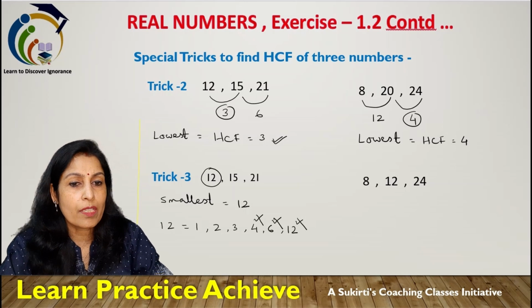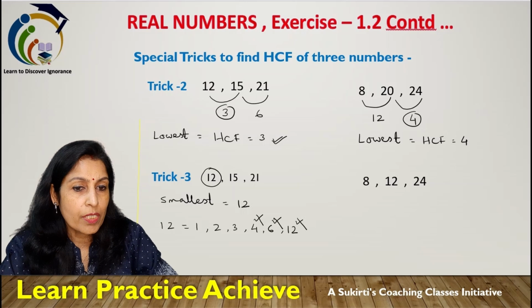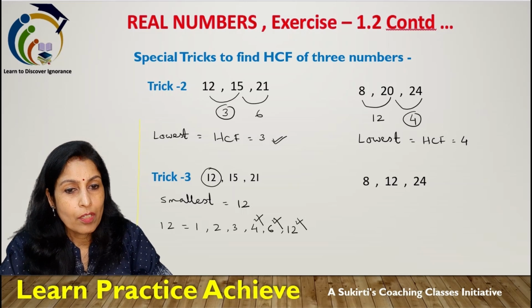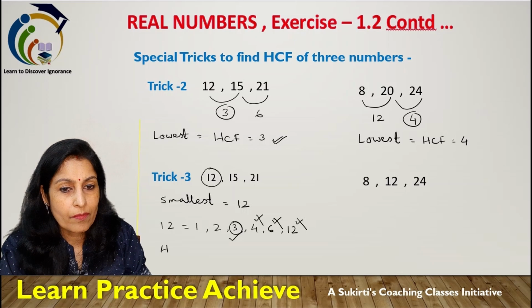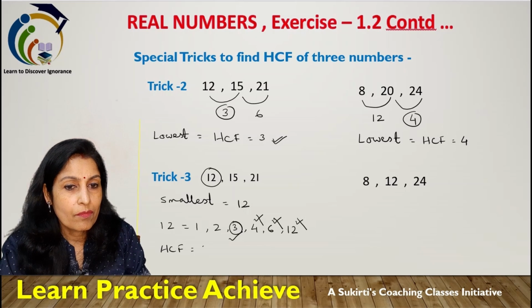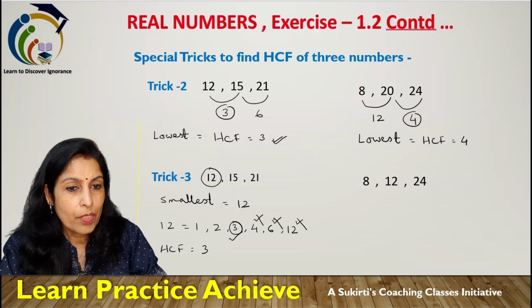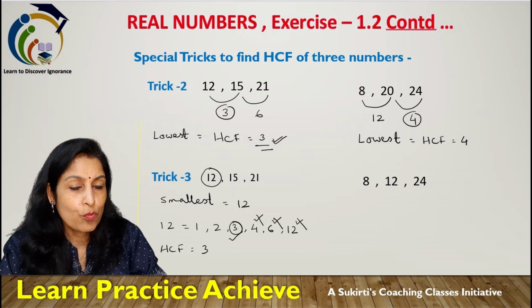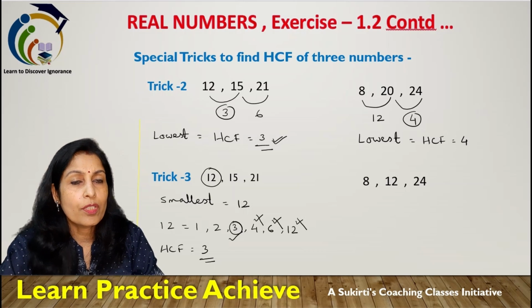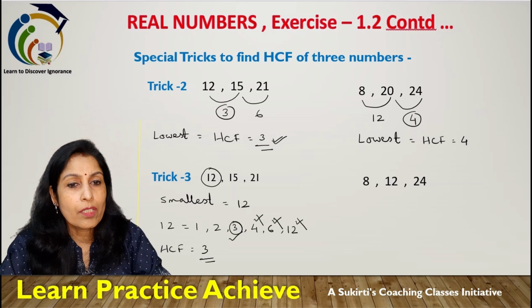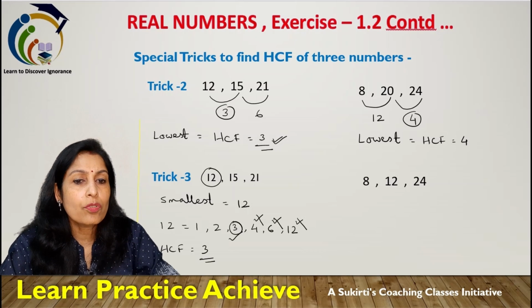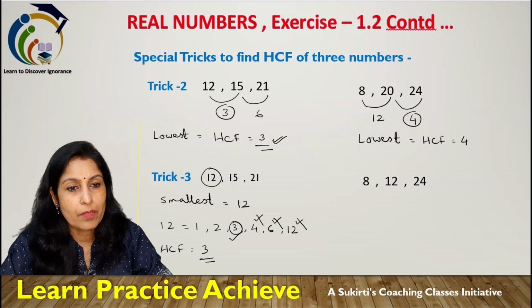So 4 is also cancelled. Then next one is 3. So if you take 3, 3 will divide 12, 15 and 21. So 3 is the right answer. So your HCF is 3. So if you see this answer, 3 here and HCF 3 here are same. So whether you solve it with trick number 2 or trick number 3, you will get the same answer.